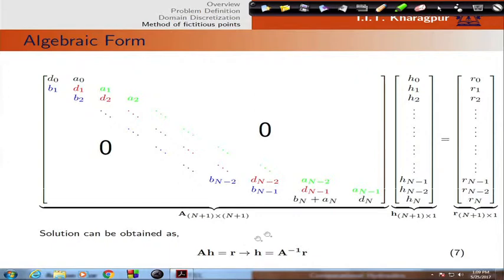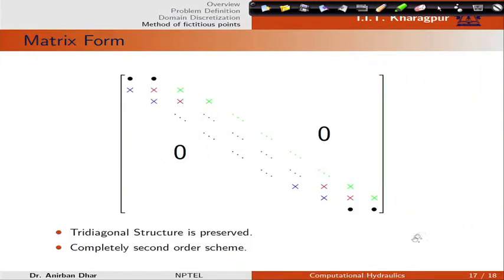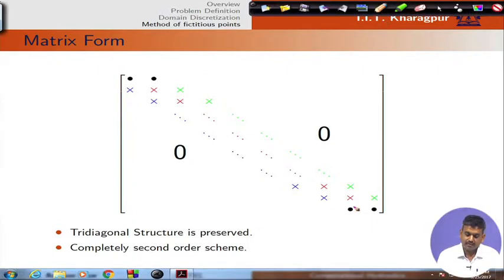So, either we can use direct inversion or we can use a special algorithm with tridiagonal matrix solution. So, in matrix form, again we have two points and our tridiagonal structure is there. So, the tridiagonal structure is preserved and it is a completely second order scheme.